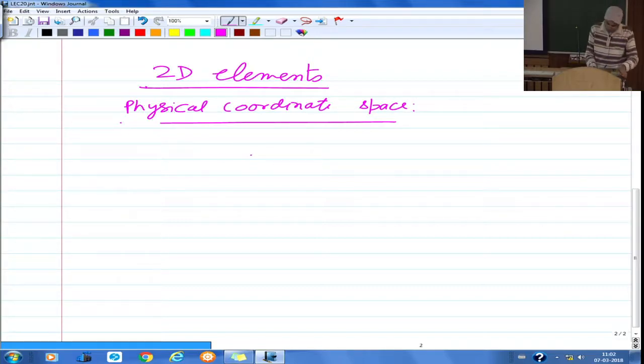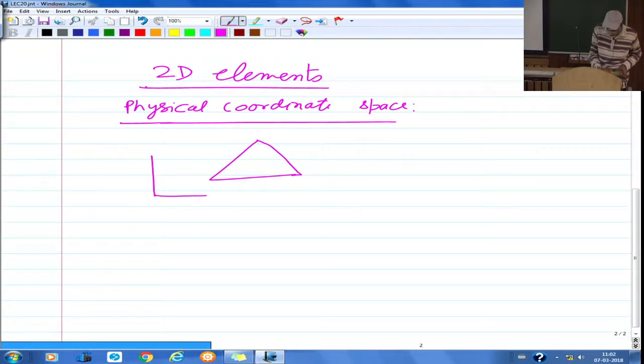In case of triangle, it is not necessary that the common edge shared by two elements should be parallel to either x or y, because that is not possible. Still for triangle the inter-element compatibility is actually satisfied.